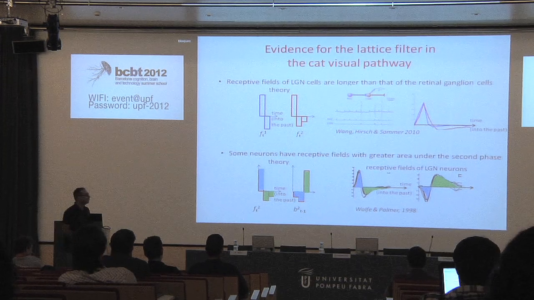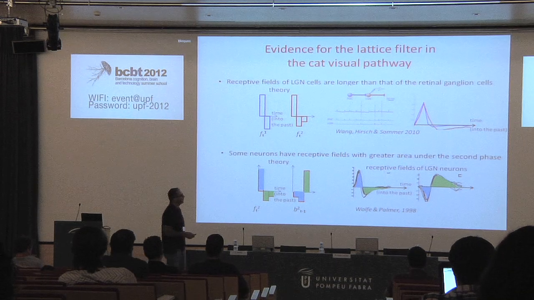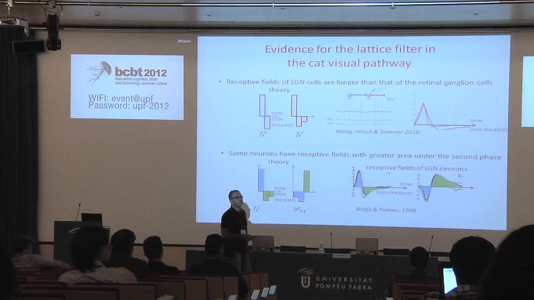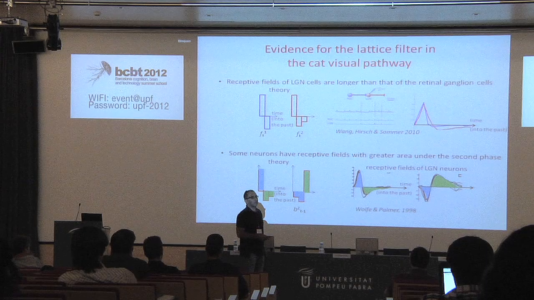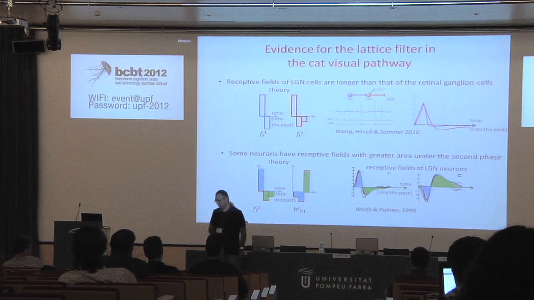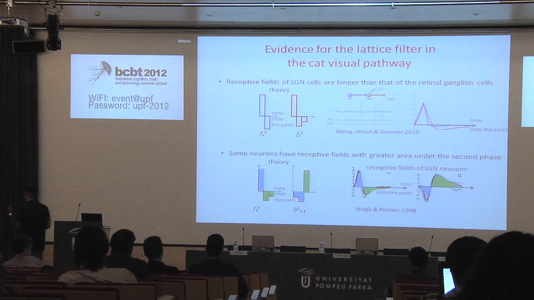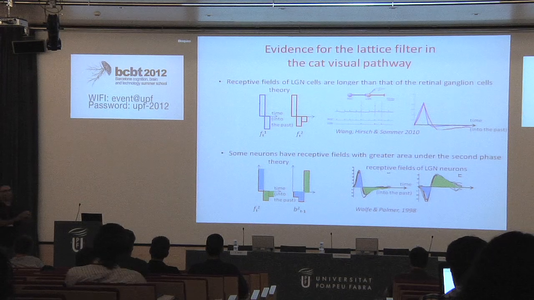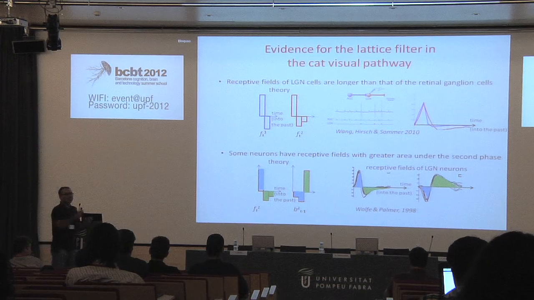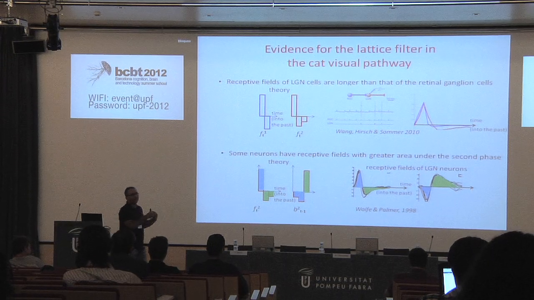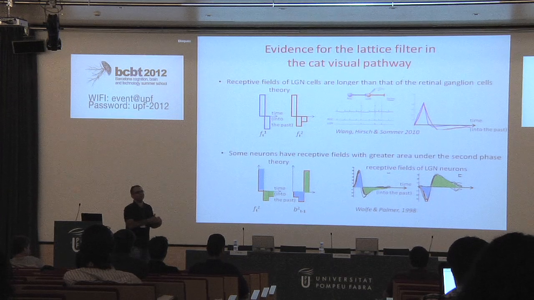Please. Would this differentiation between forward and backward prediction filters correspond to the center on, surround off, and center off, surround on neuron? So I think this is a separate distinction. But because the definitions are not standardized across labs, sometimes people confuse them.